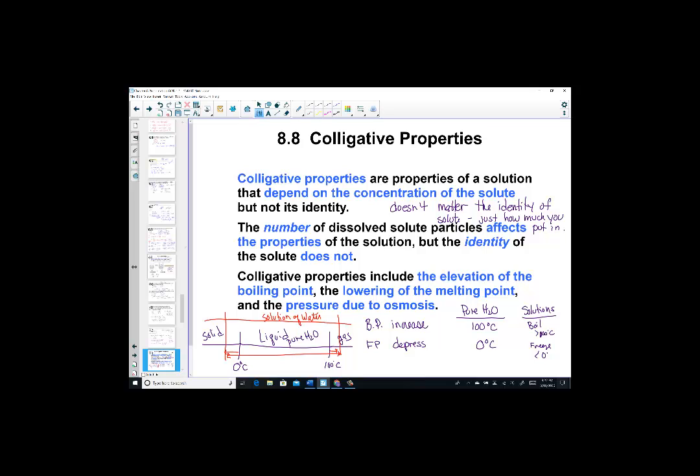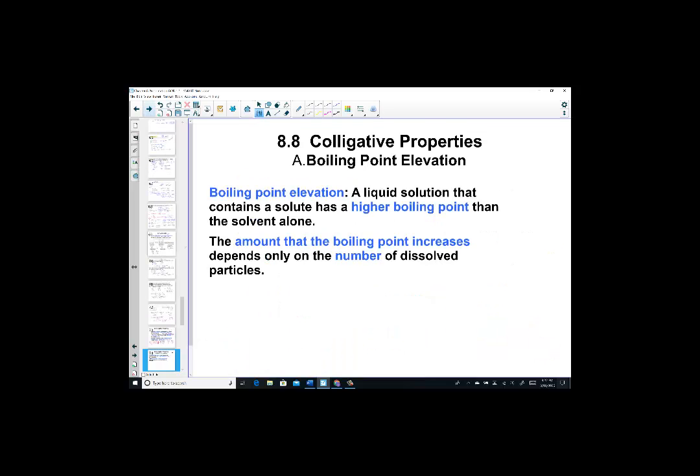And let's explore this a little further. The boiling point elevation is defined as: the liquid solution that contains a solute will have a higher boiling point than the solvent alone. And the amount that the boiling point increases only depends upon the number of dissolved particles.